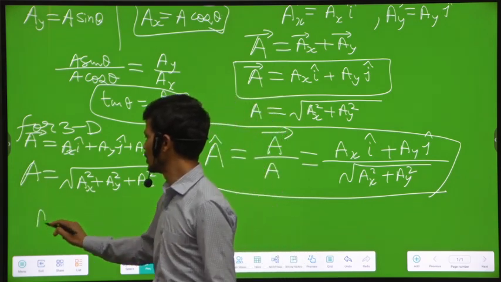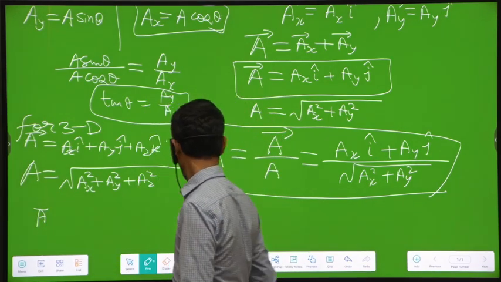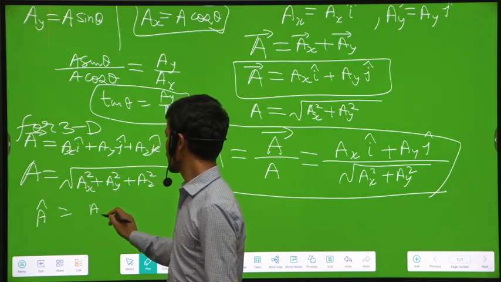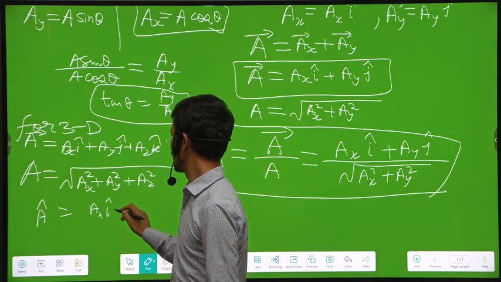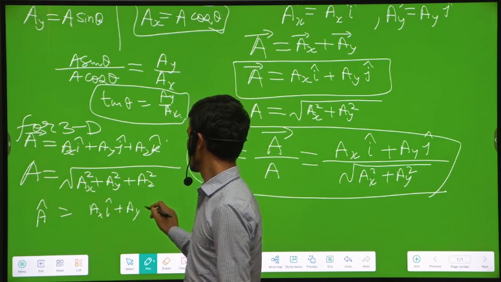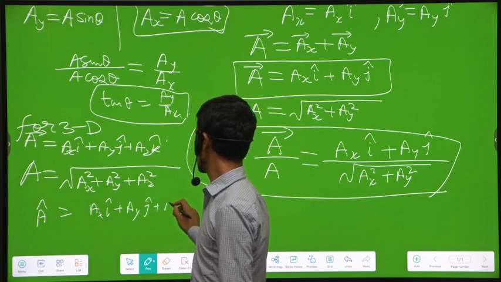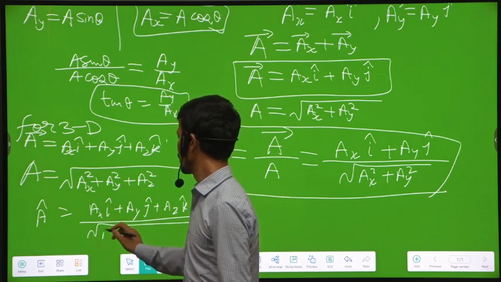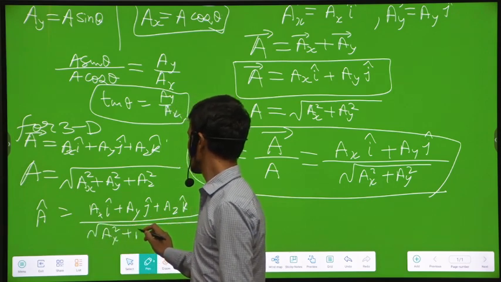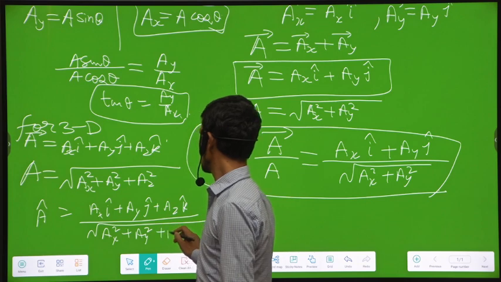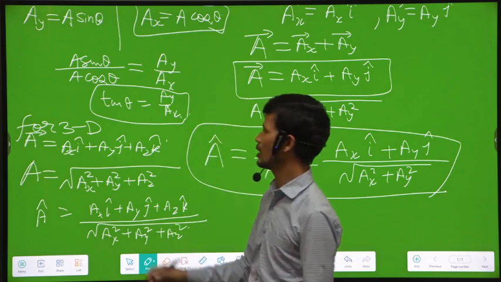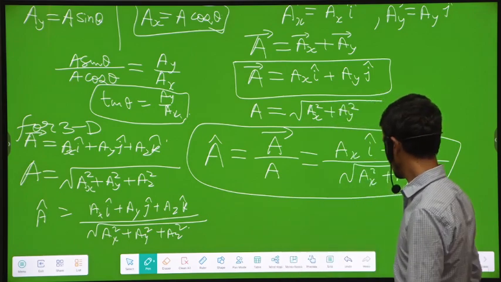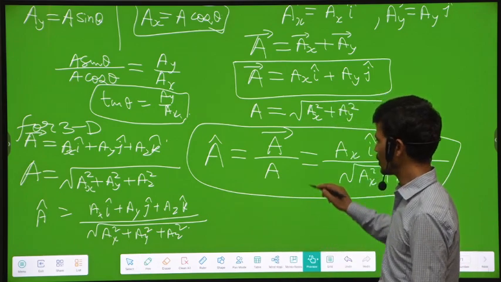So its unit vector will be ax i cap plus ay j cap plus az k cap divided by root of ax square plus ay square plus az square.